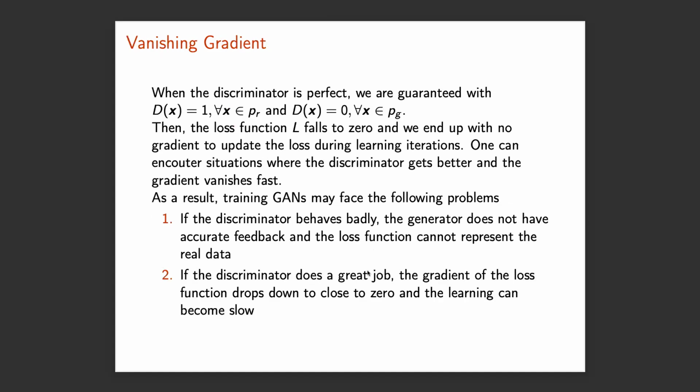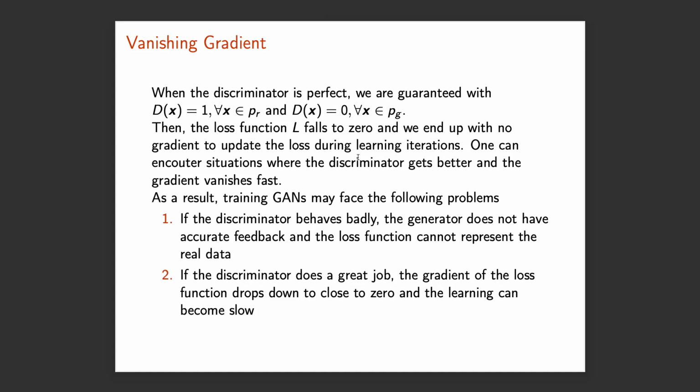There is also the problem of vanishing gradients, which we also encounter in many other implementations of machine learning methods. When the discriminator is perfect, then we are guaranteed that this D of x is equal to 1, that is a perfect one, and this D of x is 0 when x is an element of p of g. What happens then is that the loss function falls to 0, and we end up with no gradient to update the loss during learning iterations.